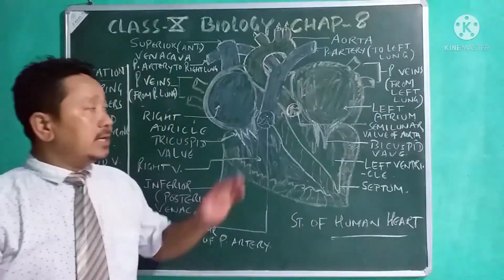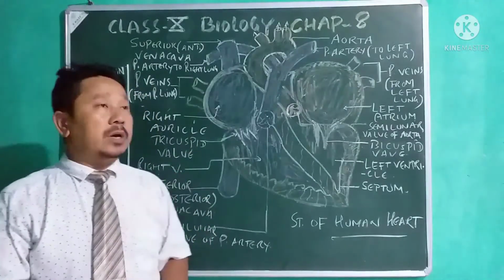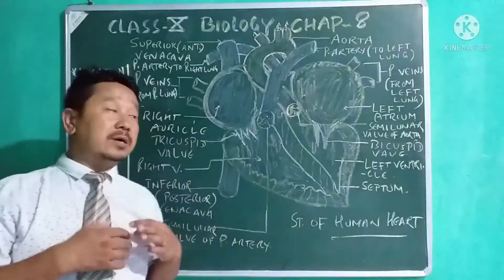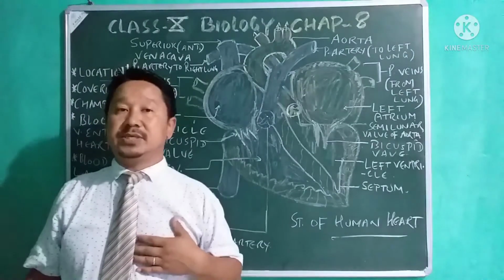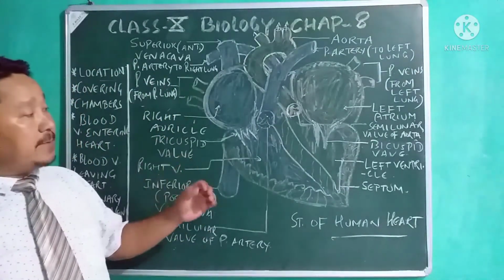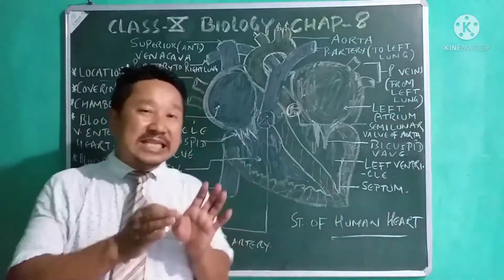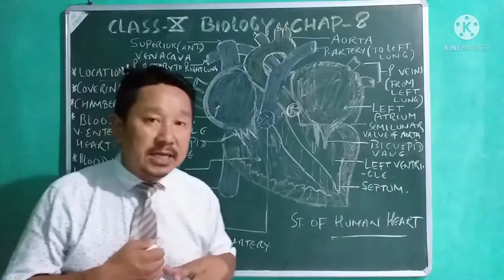It is usually believed that the heart is on the left side of the chest, but it is not true. This pointed part of the heart is only slightly tilted towards the left.